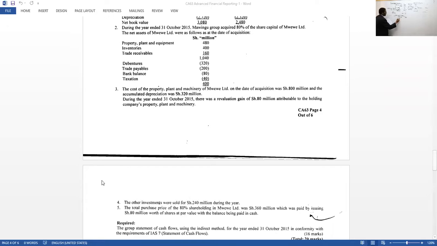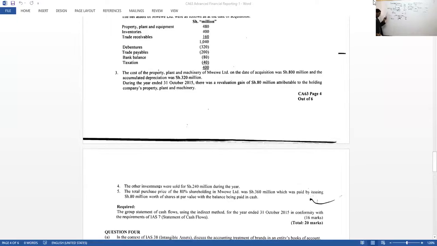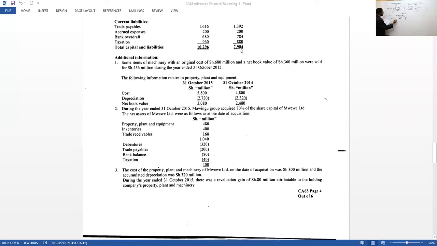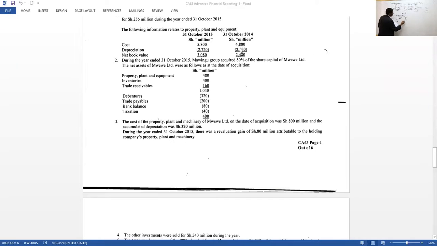We debit the asset, we credit revaluation, and there was a revaluation gain of 80 million. Then we carry down the balance because I can't see any other information. And according to the balance sheet this year, we are carrying down a revaluation reserve of 800 million.